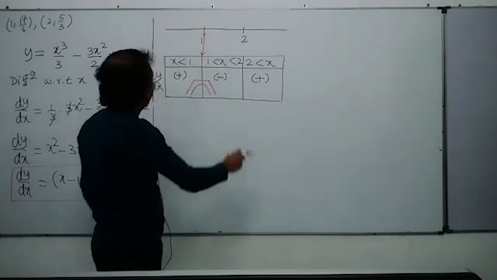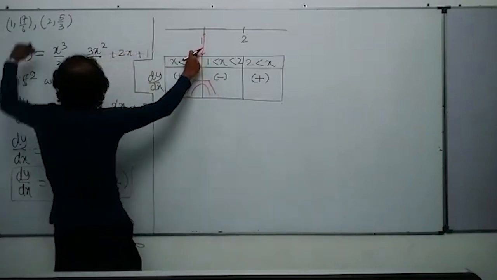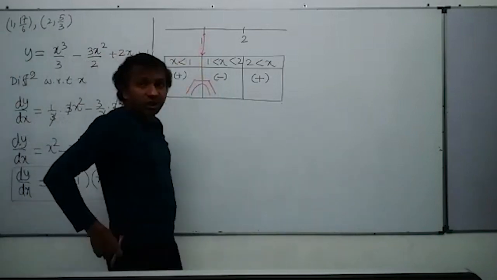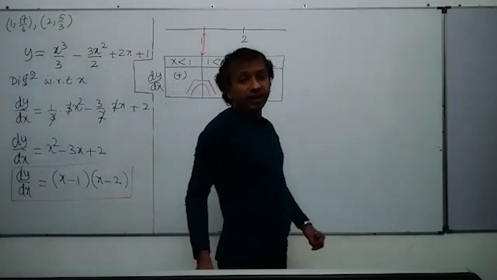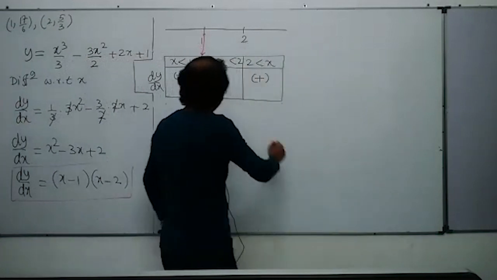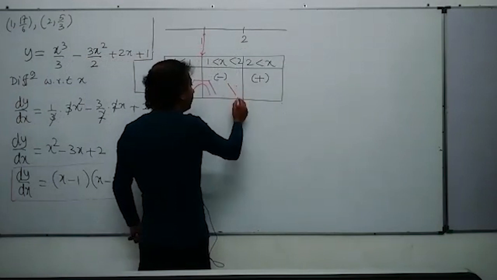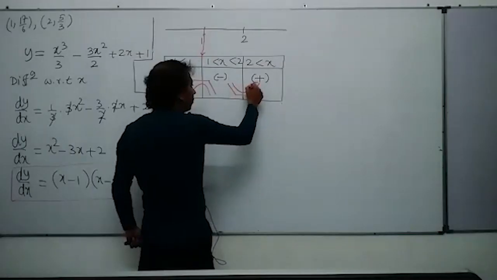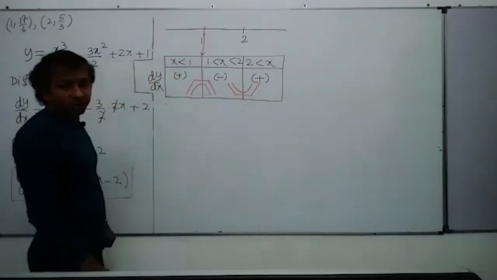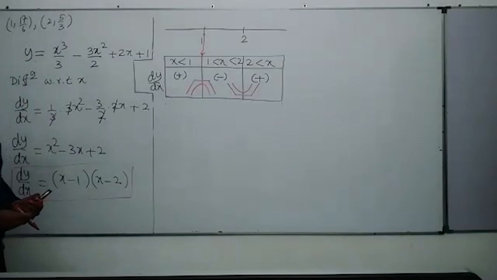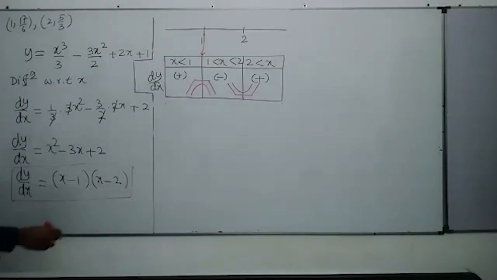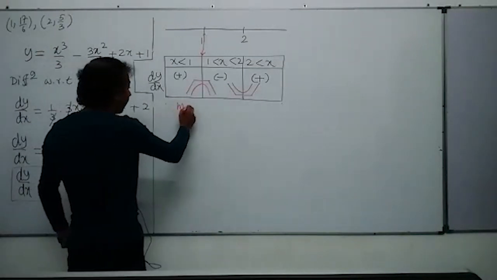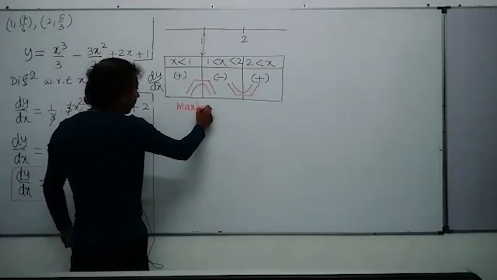So therefore, at x equals 1, y is 17 upon 6, at that point there is a maxima. Similarly here in this interval, negative gradient, exactly at 2, 0 gradient, in this interval, positive gradient, then this is the shape. This x equals 2 is a minimum shape, minima. Therefore, this is maxima, and this is minima.